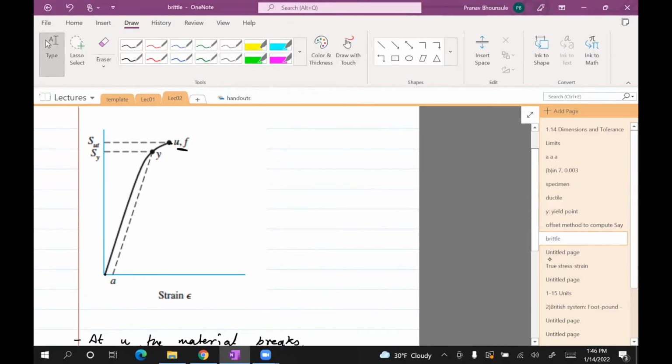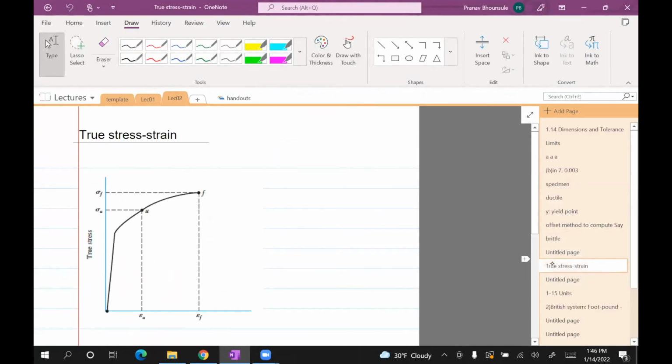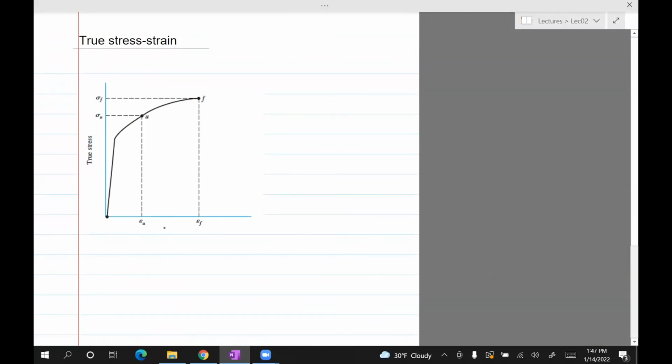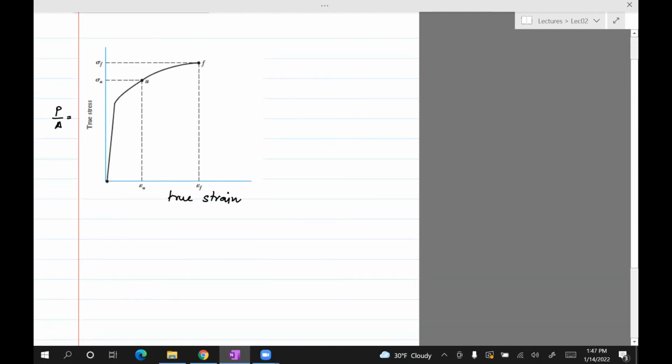Okay, looks like I have a few more minutes. Let me just define one more thing and I'll be done. There is something called the true stress-strain curve. Here the stress is the same as what we have, basically force divided by area, P divided by A, but the strain is computed slightly differently.